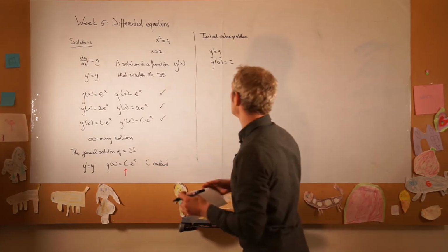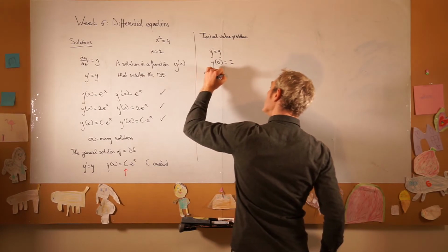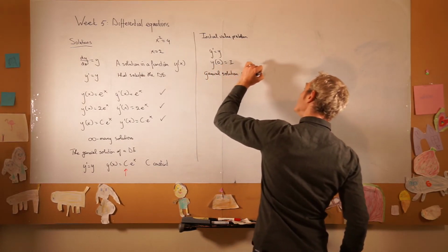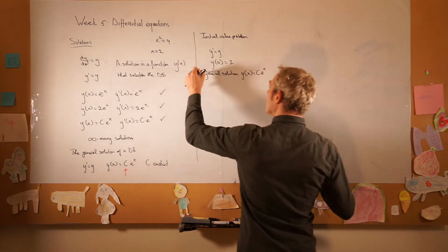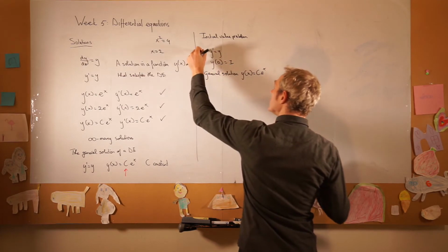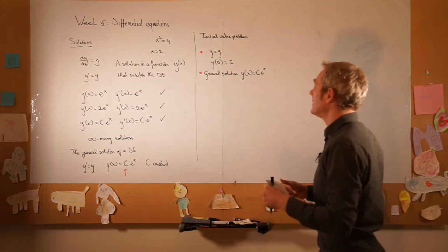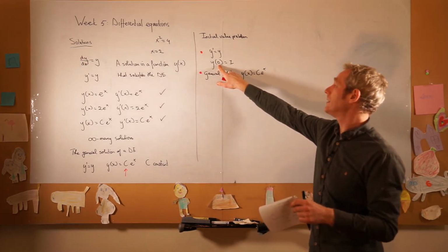Let's plug this in, because we know the general solution is y of x is equal to c e to the power of x. And this general solution is the solution to this differential equation. But now we have more information. We also have the condition that y at 0 is equal to 1.